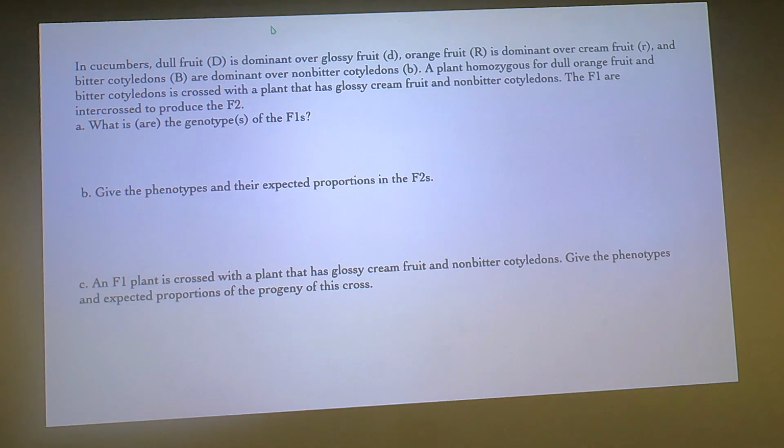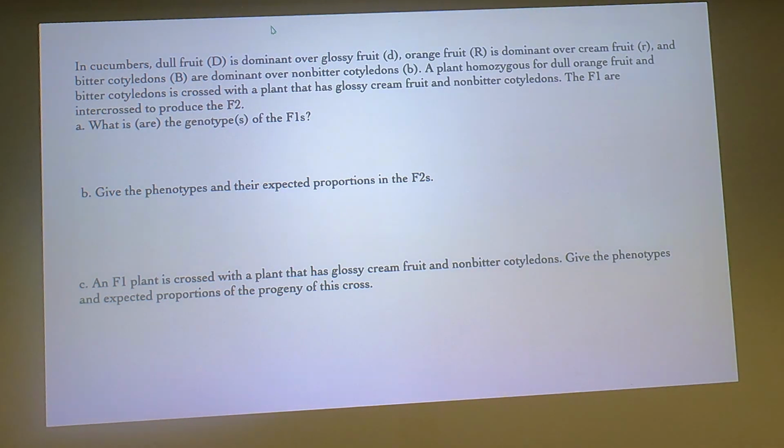Okay, anyway, we want to figure out the genotypes of these individuals. We have a plant that's homozygous for dull orange fruit and bitter cotyledons. I've given you abbreviations for all of these. What is its genotype going to be? All capital: 2 D's, 2 R's, and 2 B's.